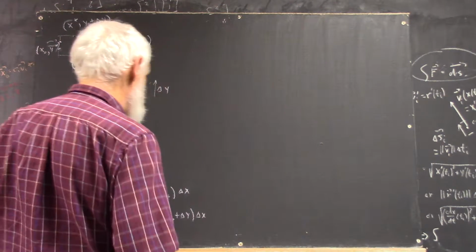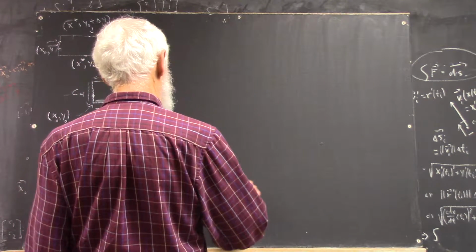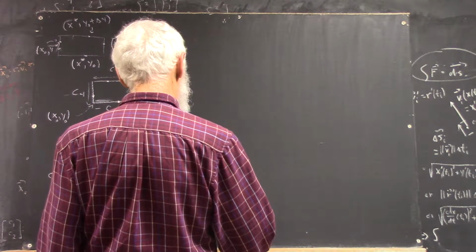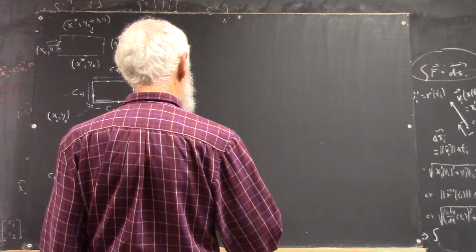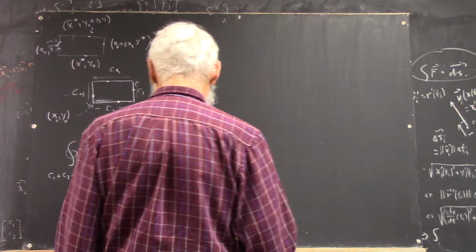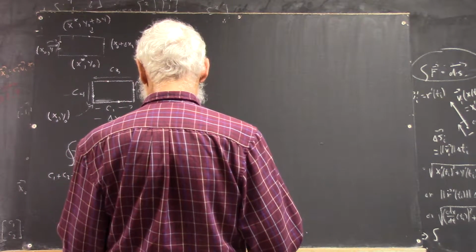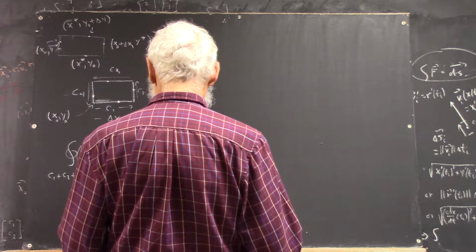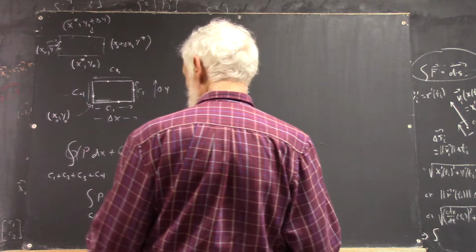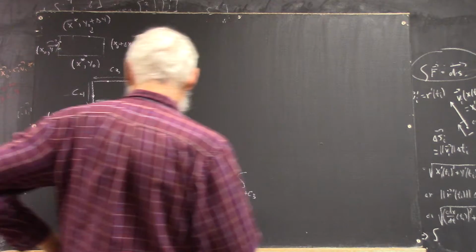Okay? So, integral over C1 and plus C3 of, I've got that P, that looks like a function, P of dx. I just want to write P dx.